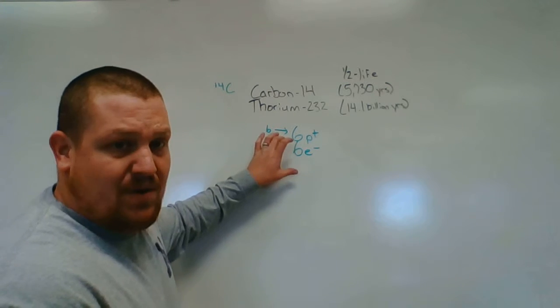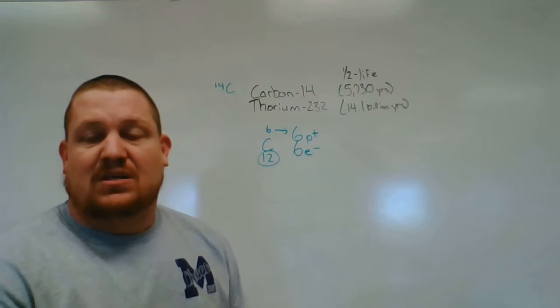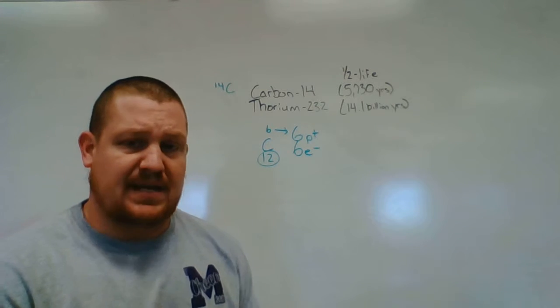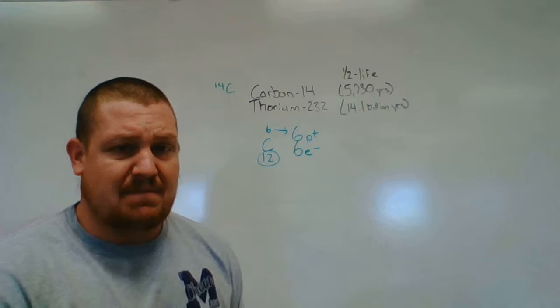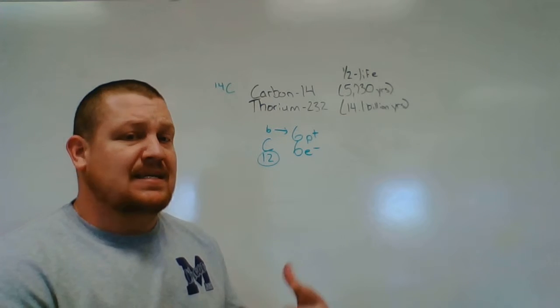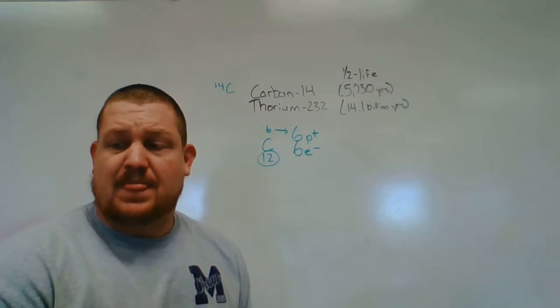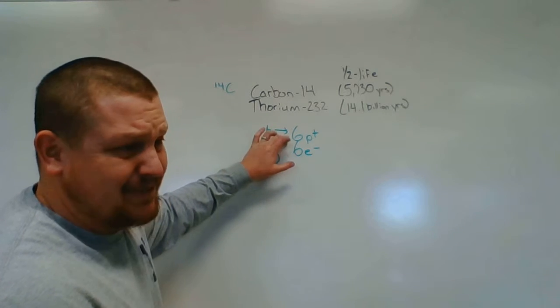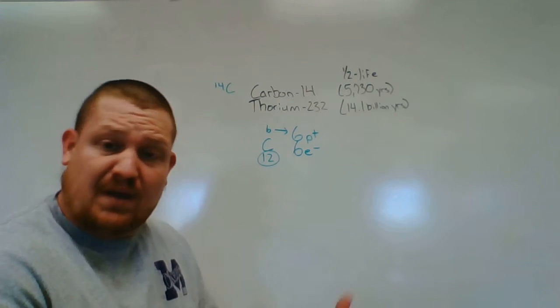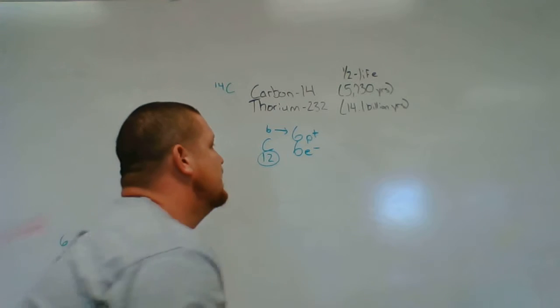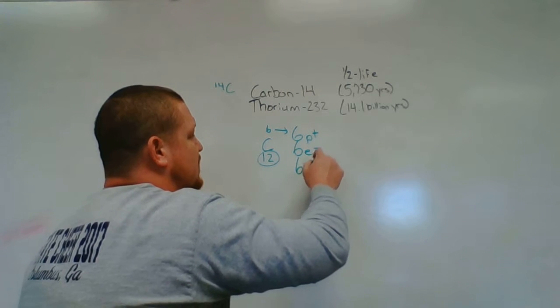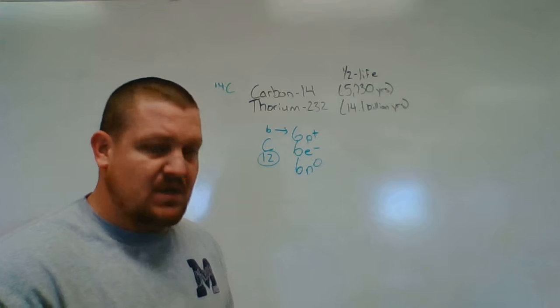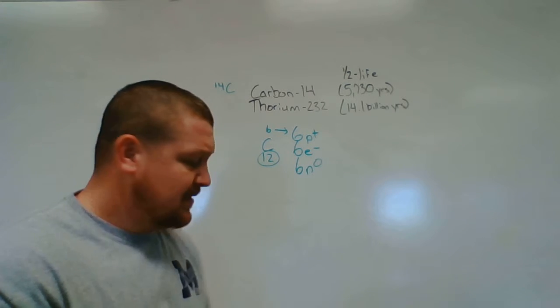We already know how many protons there are. If there are 12 total atomic mass units in the nucleus and 6 are protons, the remaining must be neutrons. You can do 12 minus 6, so there are also 6 neutrons. This is how we tend to deal with these.